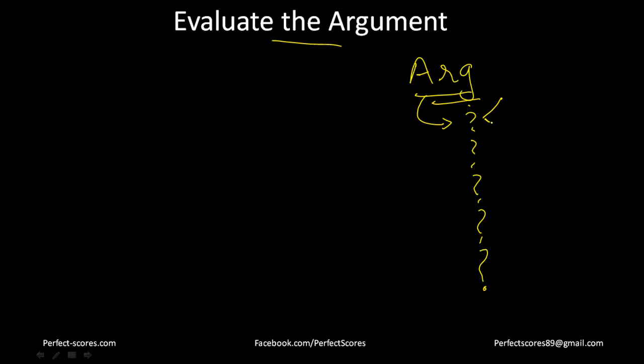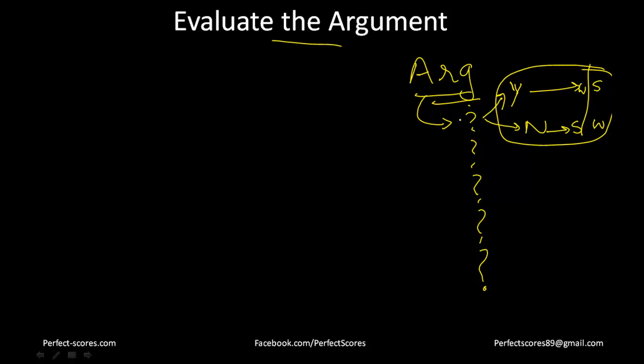So what you have to do is take the extreme ends. Let's suppose the answer is no and the answer is yes. Now either in one case the yes will strengthen and the no will weaken, or in the other case the yes will weaken and the no will strengthen. So this must happen. Only then will this option be effectively able to evaluate the argument.